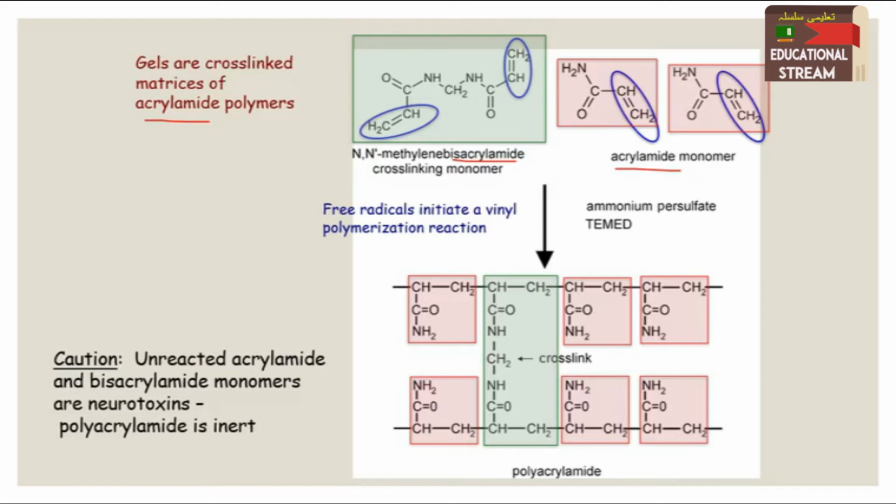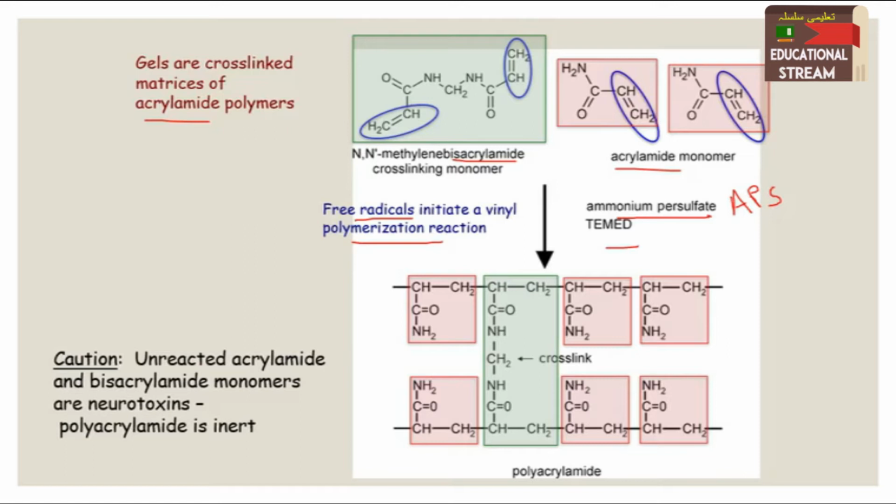For the initiation of the cross-linking between the acrylamide and bisacrylamide, we need certain chemicals. We need ammonium persulfate, which is also known as APS, and we need another chemical which is TEMED. They actually provide the free radicals to initiate a polymerization reaction. We use ammonium persulfate and TEMED for polymerization because ammonium persulfate is an oxidizing agent.